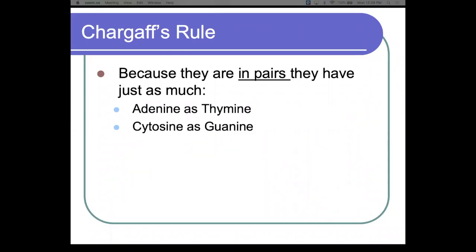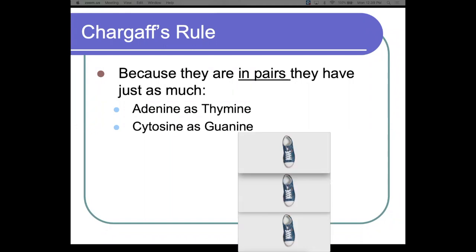All right, so check this out. We talked about this in the vocab, I believe. Because they're in pairs, there is just as many adenine as there is thymine, and there's just as much cytosine as there is guanine. I think the example I gave in the vocab was shoes. Because shoes come in pairs, you have equal numbers left and right. If you have 3 pairs of shoes, then you have 3 left shoes, adenine, and 3 right shoes, thymine.